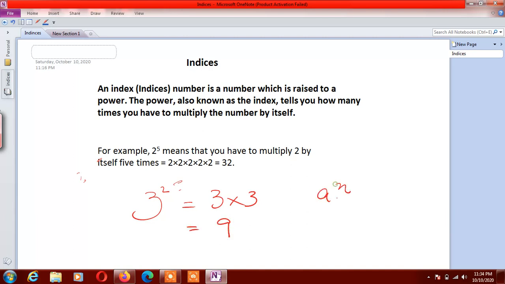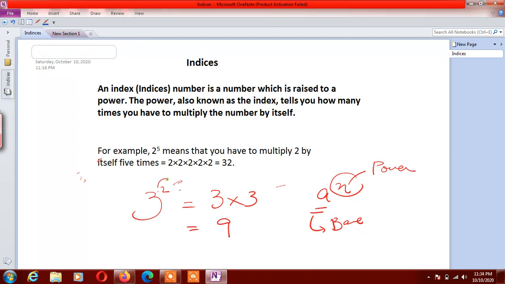a power n, this is another way of writing the base and the power. Any number which has the power is known as the base, and this n is called the exponent or power.